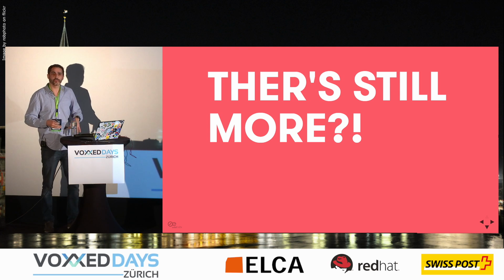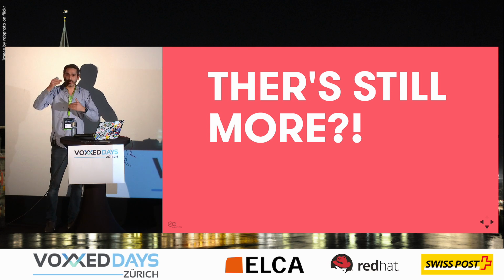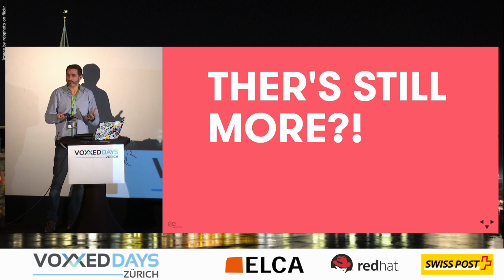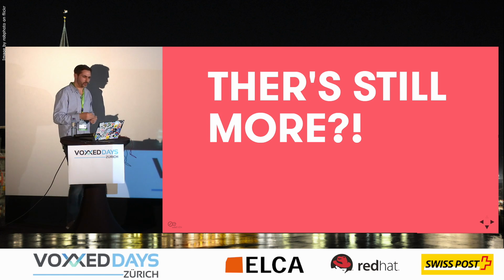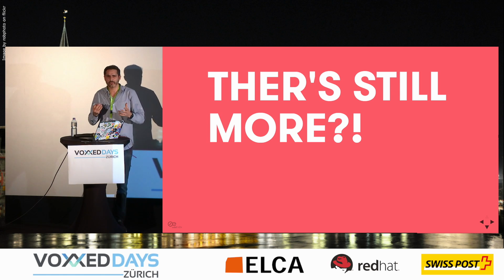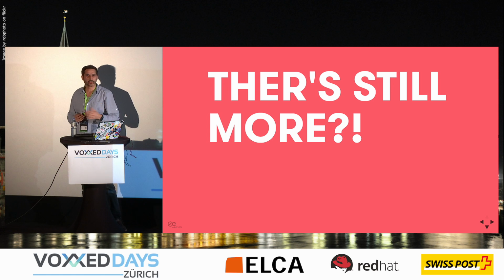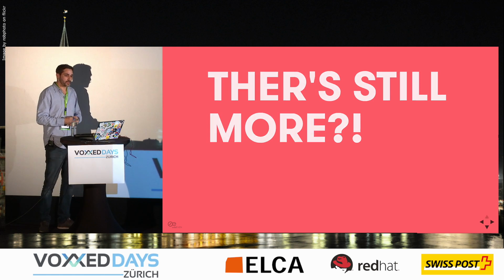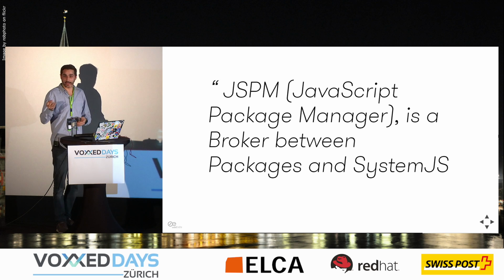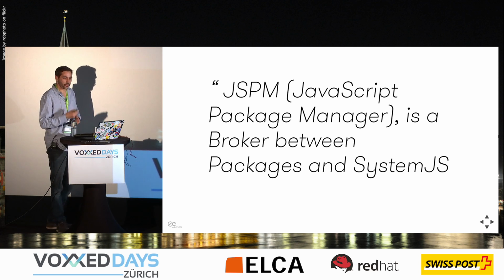However, if you are using 20 libraries and you need to maintain all the configuration in SystemJS on your own, it's going to be quite a lot of effort, right? You need to check each module. Is it CommonJS or ESM? Does it export default or not? What is the entry module? And you need to configure all this in SystemJS. So there is another tool, also by Guy Bedford, called JSPM.